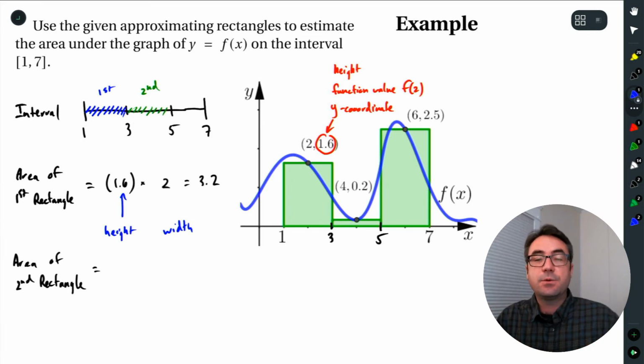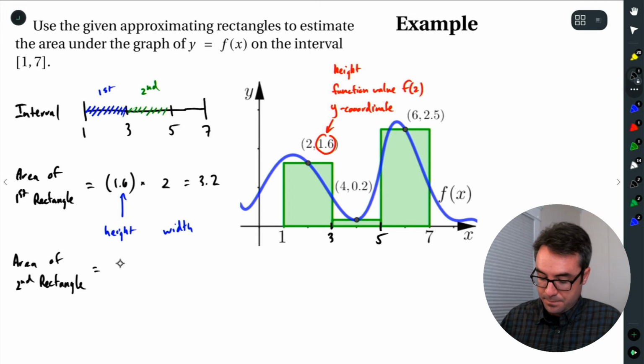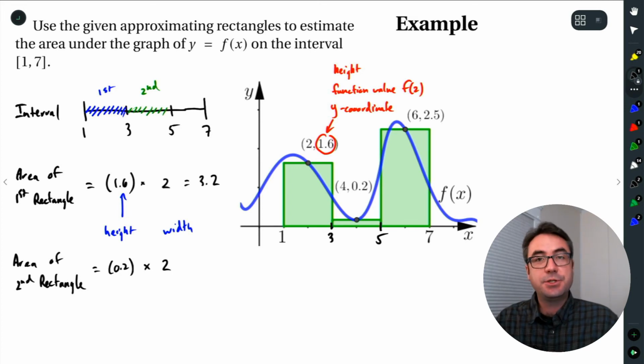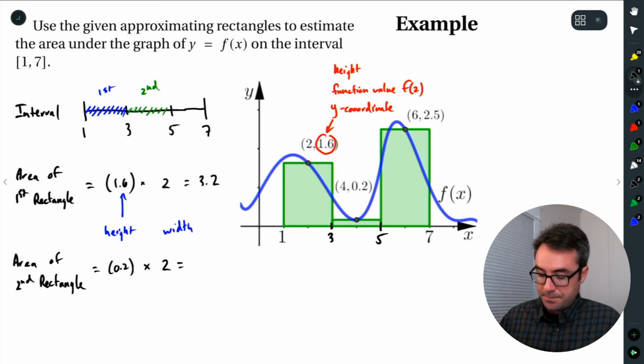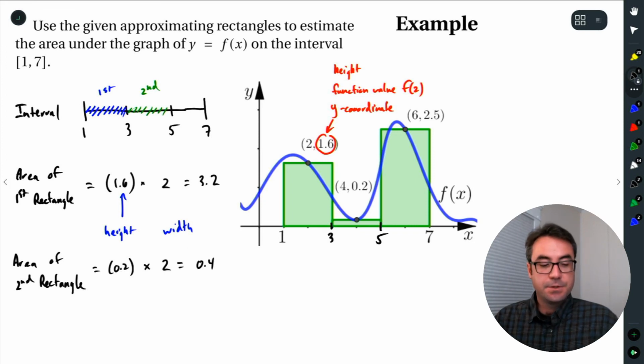These are all nice equally spaced subintervals, so the widths are all the same. And this is where we go to our function and look up the value here. So the height is 0.2. So we get 0.2 times 2, which is 0.4. So the area for that second rectangle is 0.4. And then we just repeat this for the third rectangle.